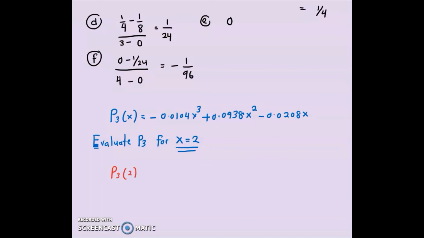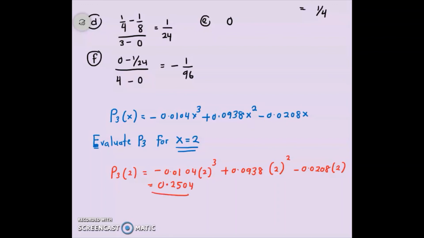The normal way that you can do is substitute my x value here, 2 to the power of 3 plus 0.0938 times 2 squared minus 0.0208 times 2. Okay, and pressing the calculator should give you 0.2504.